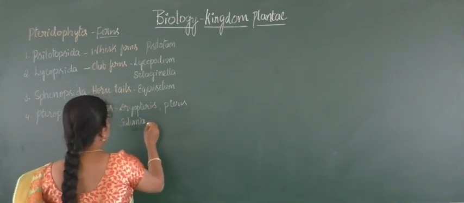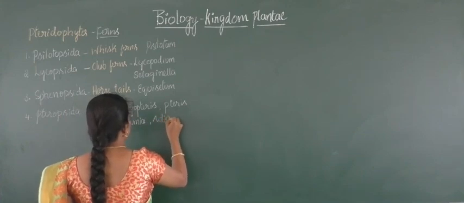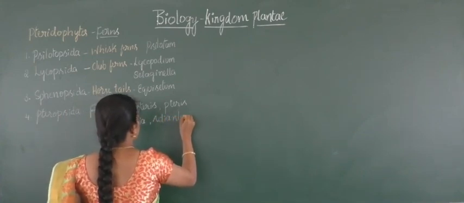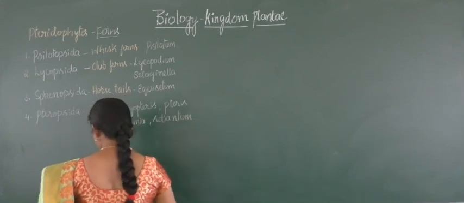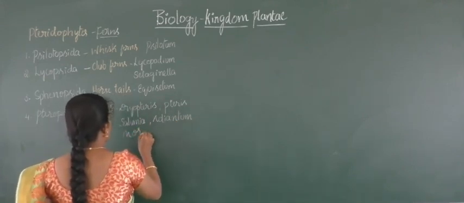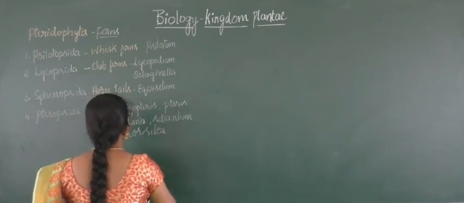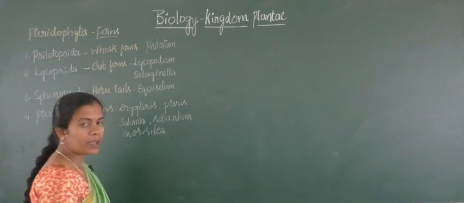Salvinia grows in water, and you can take one more example, Marsilea. So these we have observed.